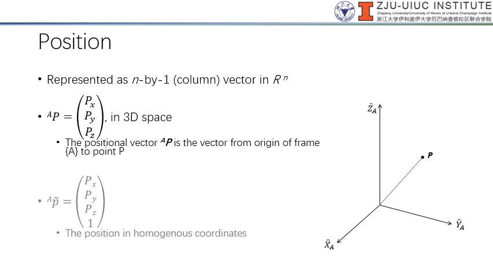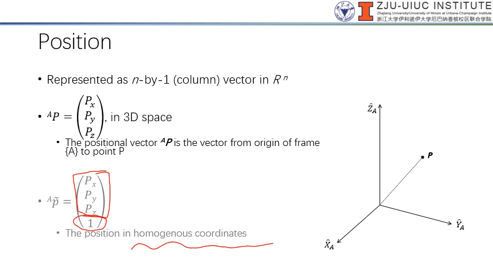In this course, something that might be new to you is homogeneous coordinates. Of course, you don't have to worry too much about it for this course as far as we are concerned. It's just about adding a 1 at the bottom of your column vector.